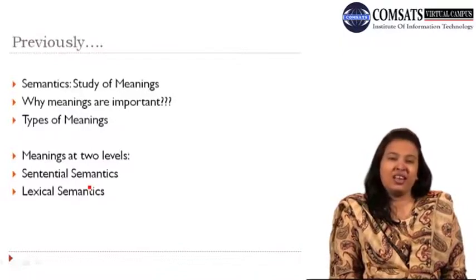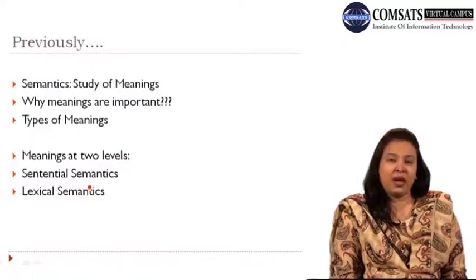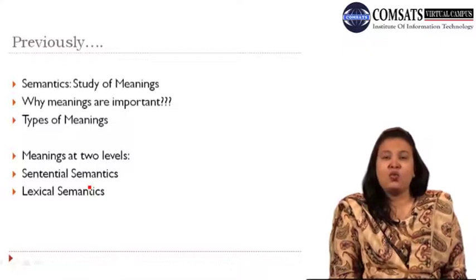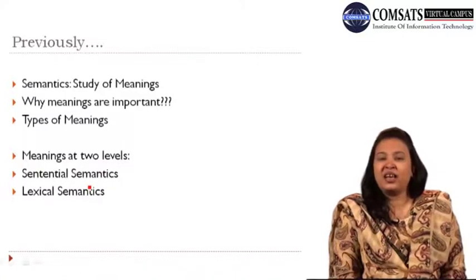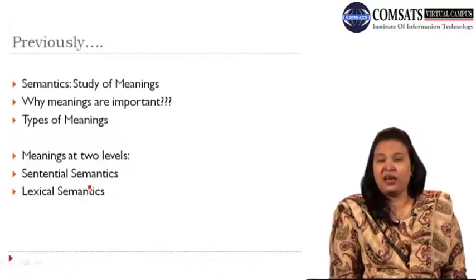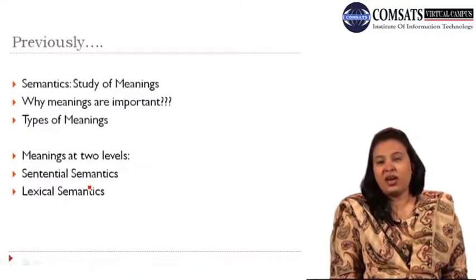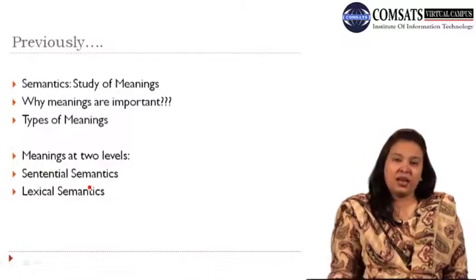But then we talked about entailment, tautology, metaphorical meanings, idiomatic meanings, and anomalous meaning, different types of sentences which give different types of meaning. Sometimes the meanings are calculated directly from the words composing that sentence, and sometimes they are inferred meaning. So for sentences, we have different ways to calculate the meanings. That was all about sentential semantics.